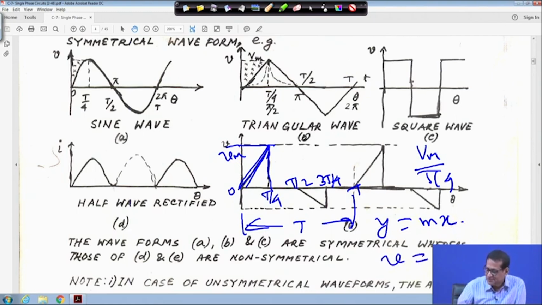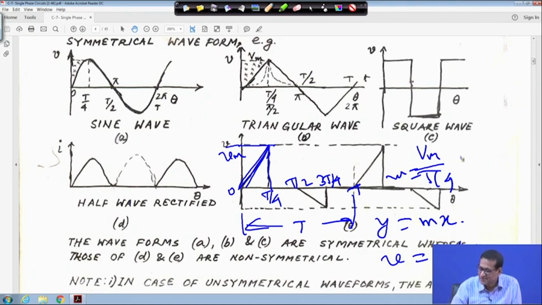So v should be equal to m into t, and m is nothing but the slope, Vm upon T by 4.